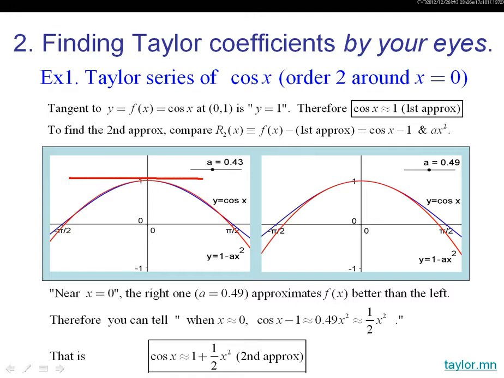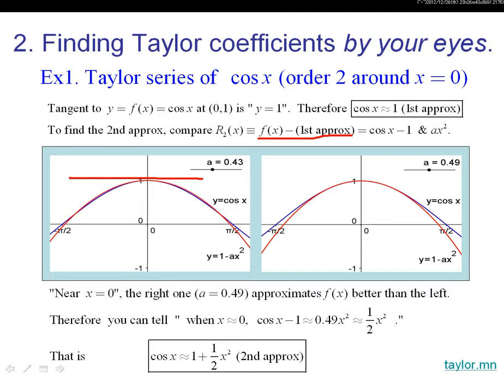Linear approximation. To find the second approximation, we have to subtract this first approximation from f(x), because the first approximation is a big chunk. Unless you deduct this from f(x), you can't compare with ax squared.